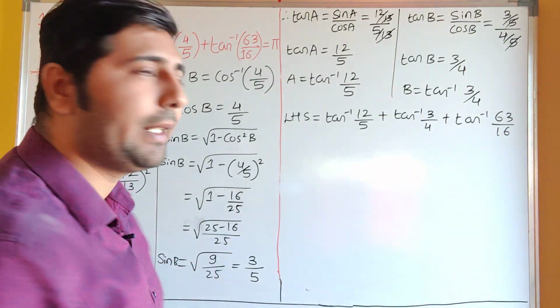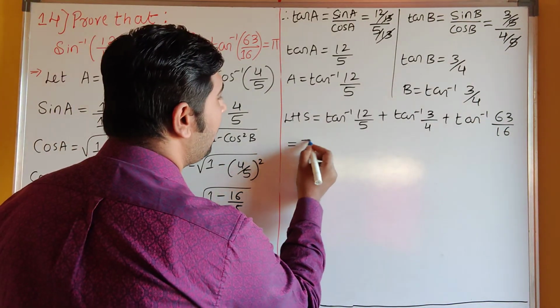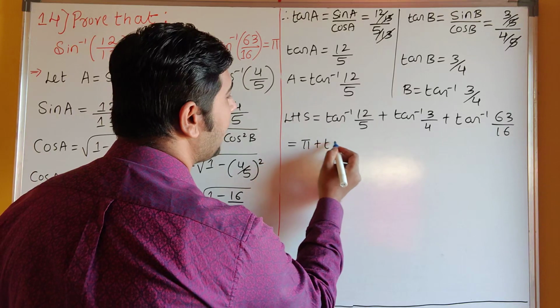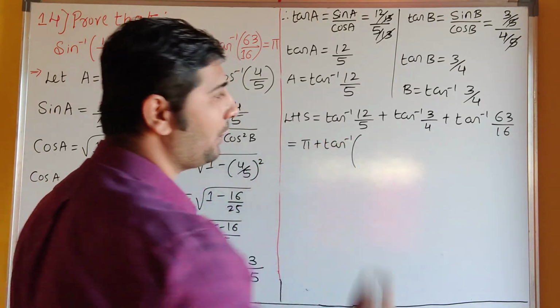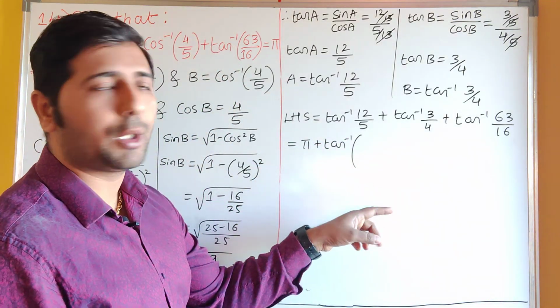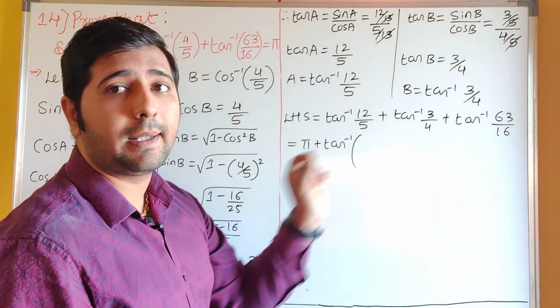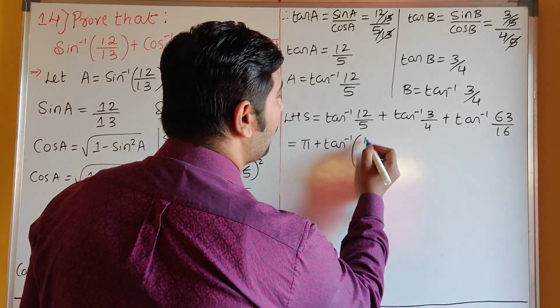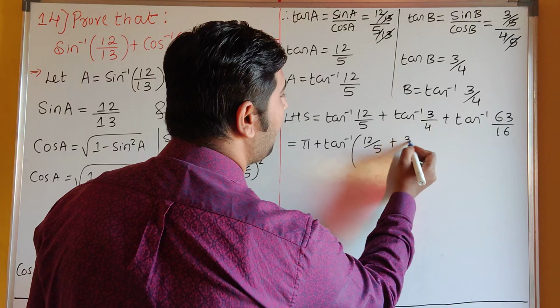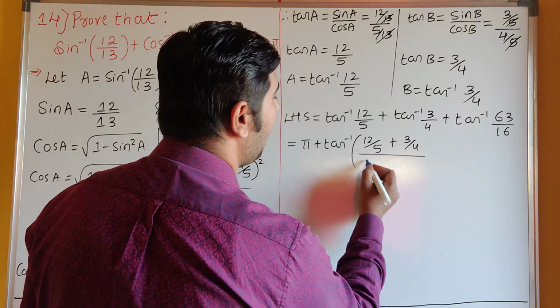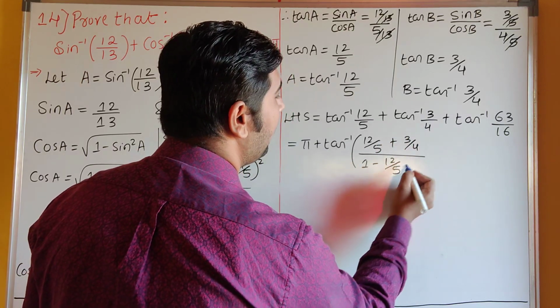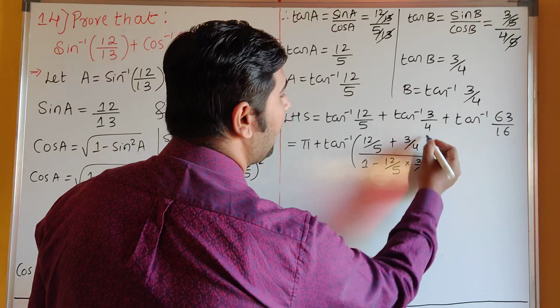We will apply the property now. Please see here. Pi plus, second property I am applying just now. I have told you pi plus, because x into y is greater than 1, dear students. So 12 by 5 plus 3 by 4 whole divided by 1 minus 12 by 5 into 3 by 4.